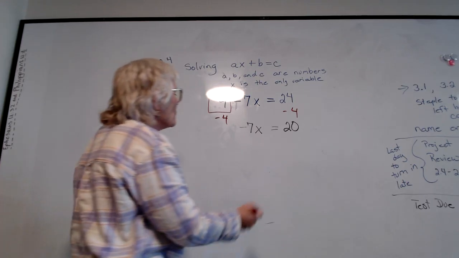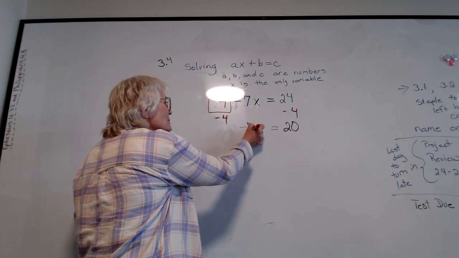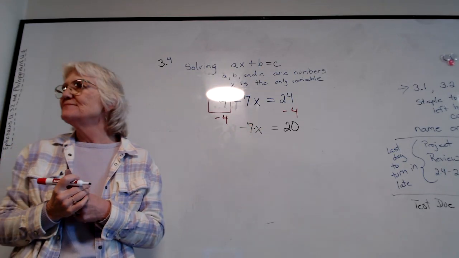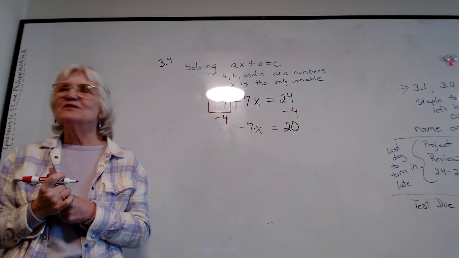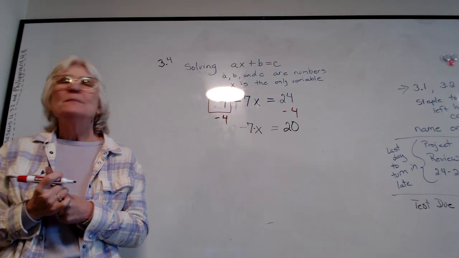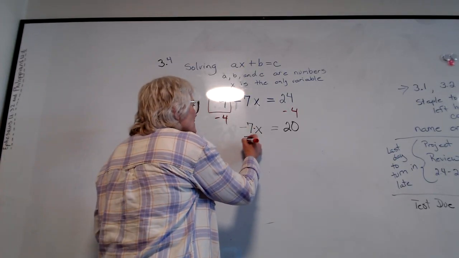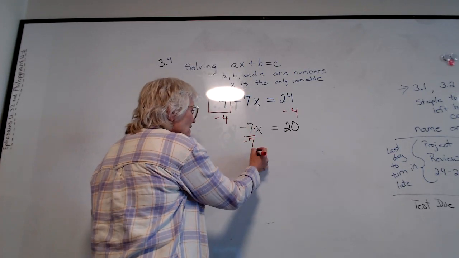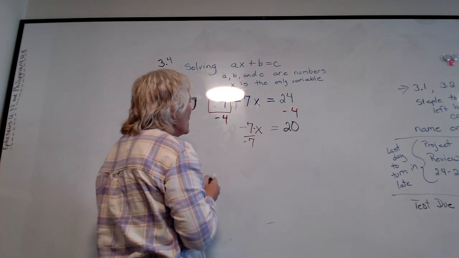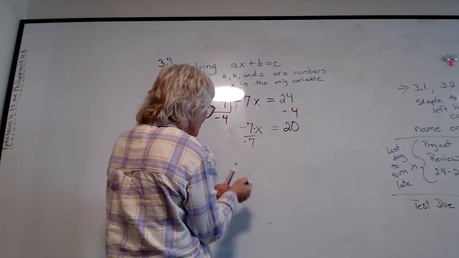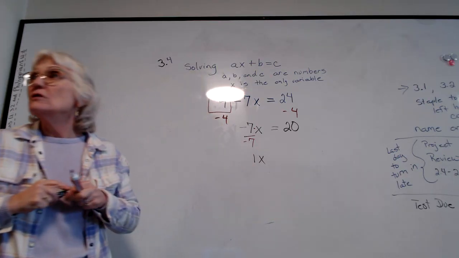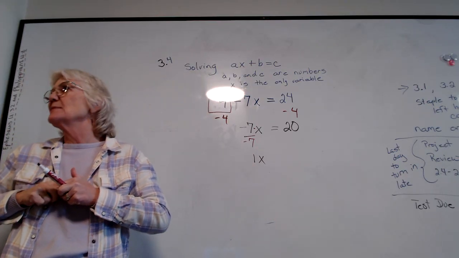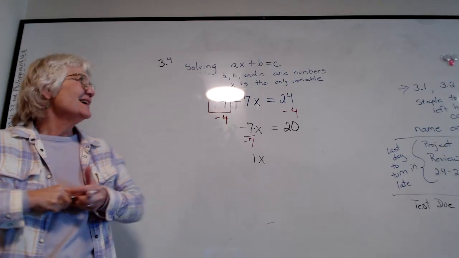Right now, the way you can tell what to do is this is the multiplication sign. To undo it, we do the division. Okay? Because what is negative 7 divided by negative 7? It is 1x. That gives us what our goal is, 1x, because 1x is the same as x, okay?